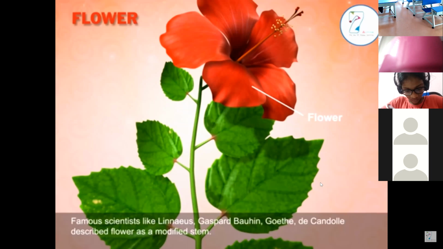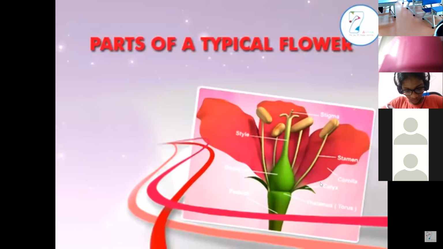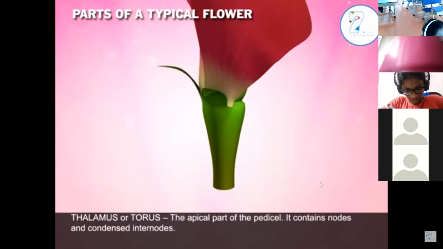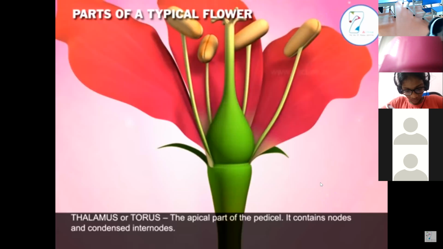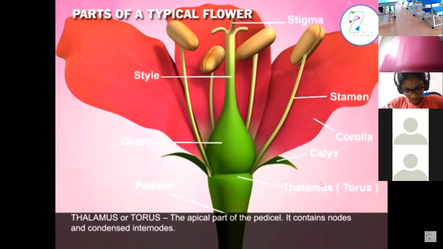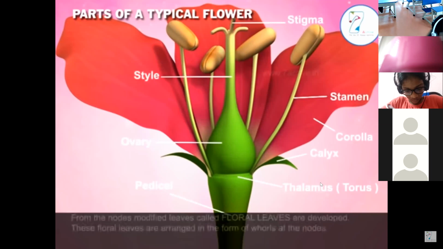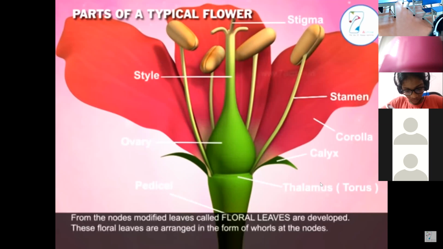Parts of a typical flower: thalamus or torus, the apical part of the pedicel. It contains nodes and condensed internodes. From the nodes, modified leaves called floral leaves are developed. These floral leaves are arranged in the form of whorls at the nodes.